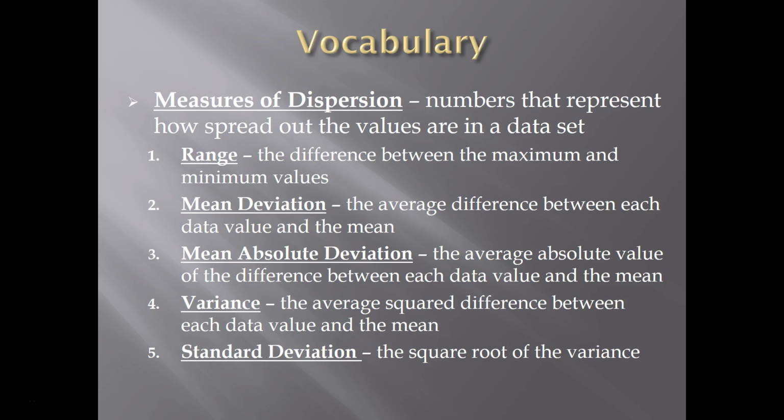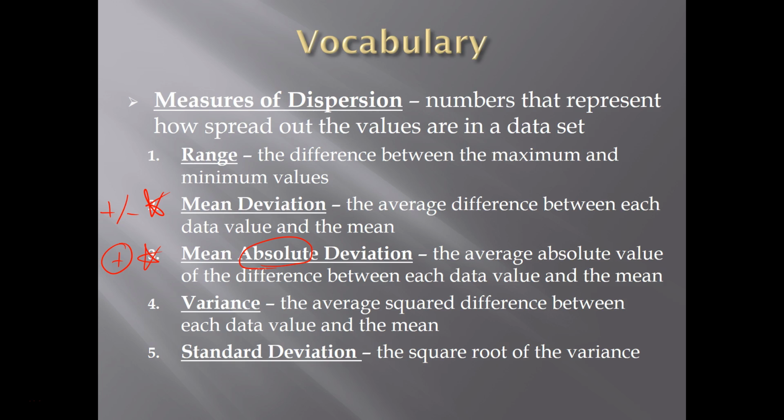So this one right here can be positive or negative. But this one right here, mean absolute deviation, can only be positive because, once again, it is an absolute value. It's a distance, right? So it doesn't matter if you're above or below the mean. Right? It'll always be positive. All right, the variance.